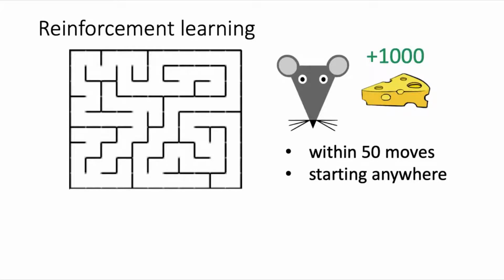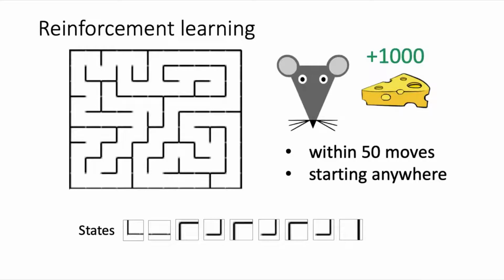In our simple scenario, the only reward is the cheese, and in order to maximize rewards, this means we have to get the mouse to get to the cheese quickly enough from any starting location so that it hasn't taken more than 50 steps, which is when the time expires. We represent the state of our mouse with the configuration of the maze walls at the mouse's current location.